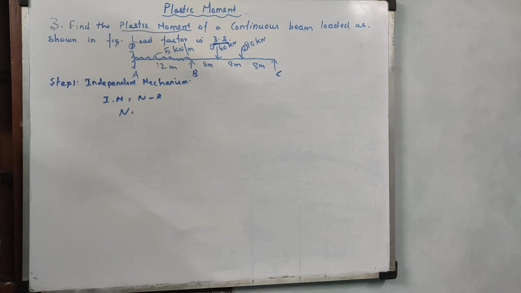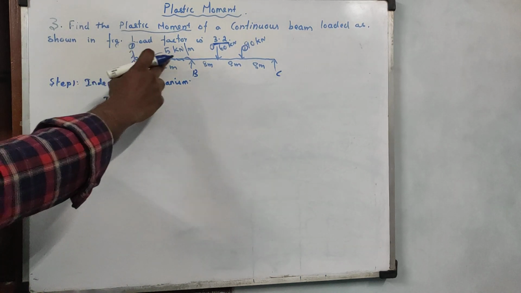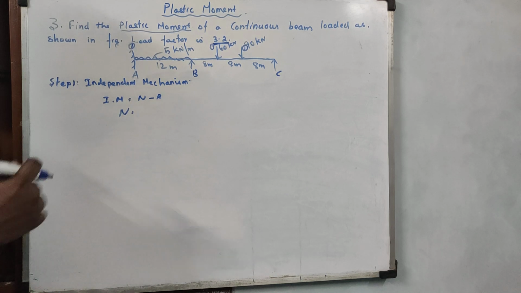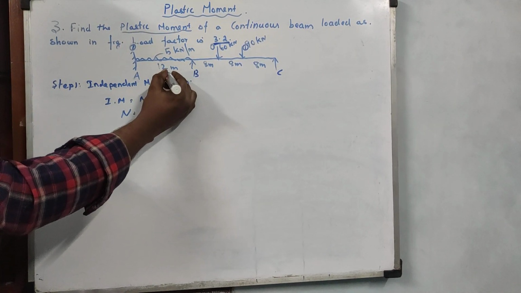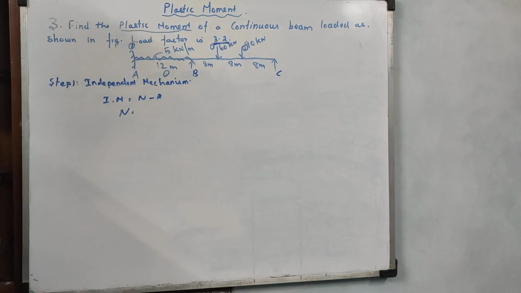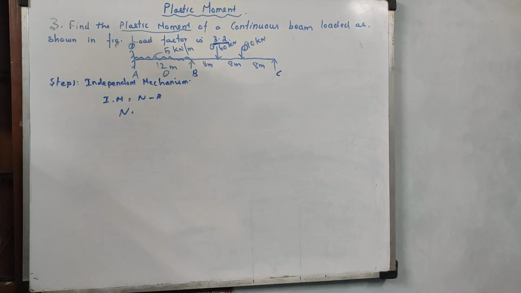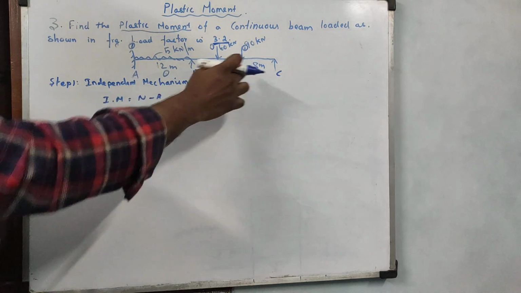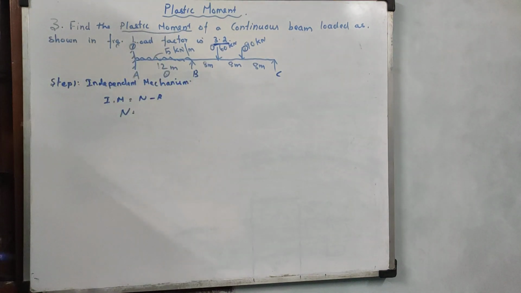And third condition, under maximum bending moment or under the UDL. Here we have one UDL load, so there is a plastic hinge here under the UDL. And fourth condition is at intermediate support. Here A and C are end supports, B is an intermediate support.